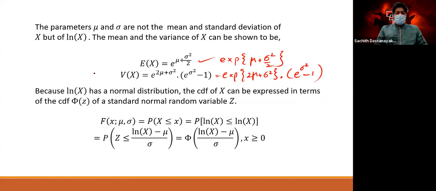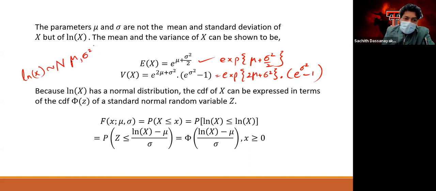clear? Okay, how do we find probabilities, I mean the CDF, using this log normal? To do that, you can use the normal distribution. You know ln x has a normal distribution with mean mu and variance sigma squared, right?